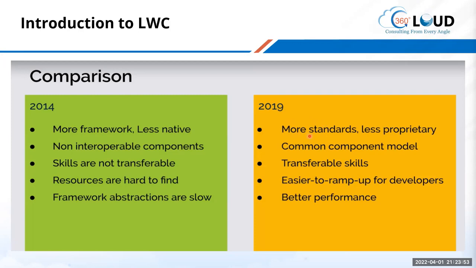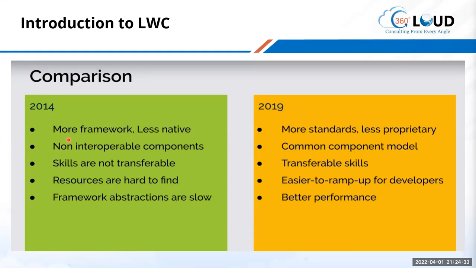So it is more standard and less proprietary. It means we just need to use standard features, so it doesn't need any thick layer of framework. Before, there were non-interoperable components, so we could not use the components in another technology. If you are coming from a non-Salesforce background, like Python or Java or simple JavaScript, then you have to learn the Aura component framework by itself.